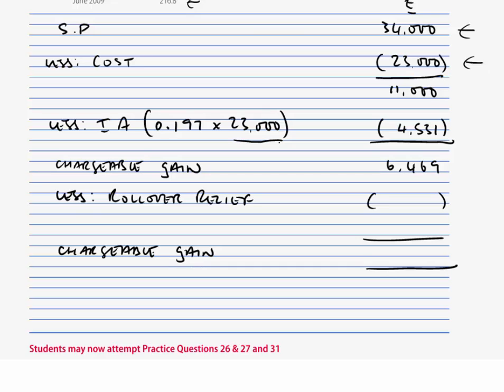We simply use the RPIs provided to establish an indexation factor, which, all being well, if I've done it right, is 0.197. Times 23,000 is our indexation allowance of 4,531. Take it away, and we have to begin with at that point a chargeable gain of 6,469 that will then be subject to a possible deduction in relation to a rollover relief claim by the company.